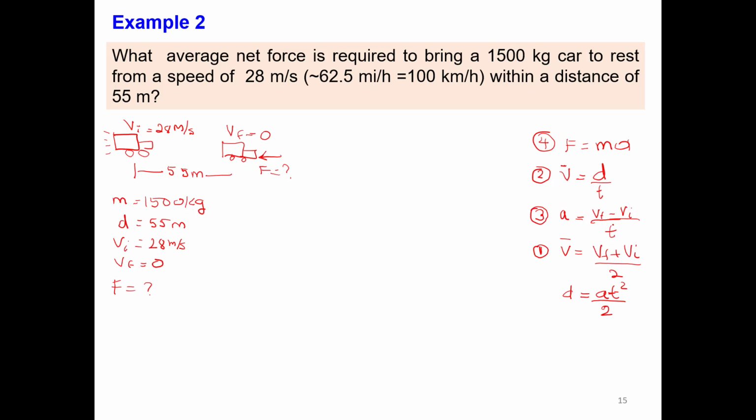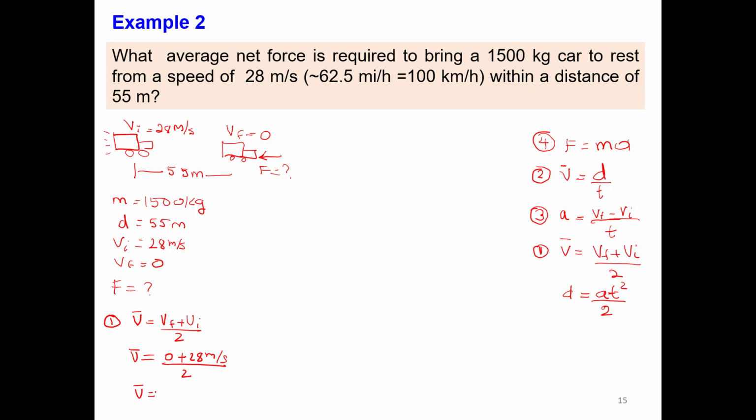And let's start. Let's calculate first the average velocity. The average velocity equals the final, which is 0, plus 28 meters per second, divided by 2.